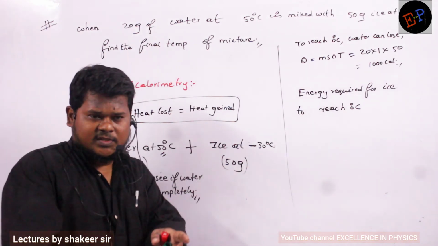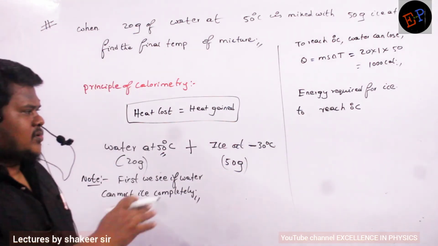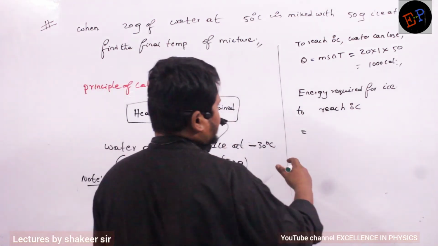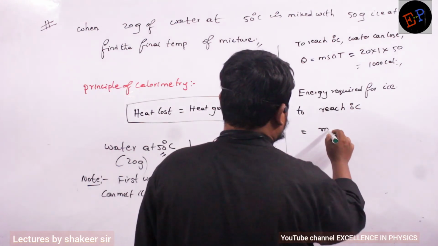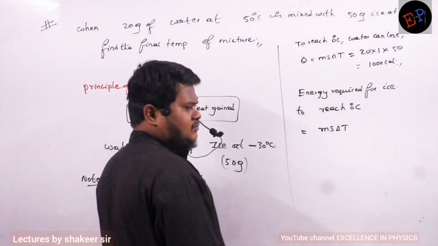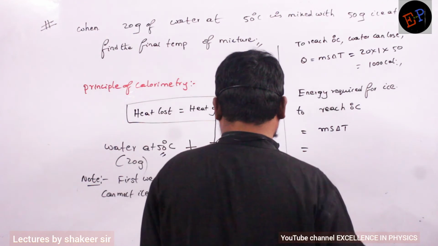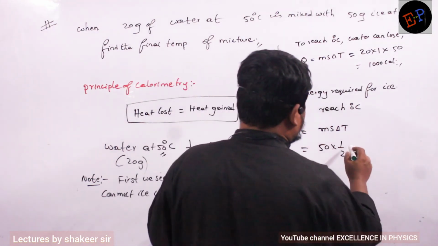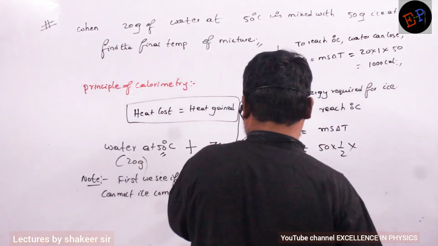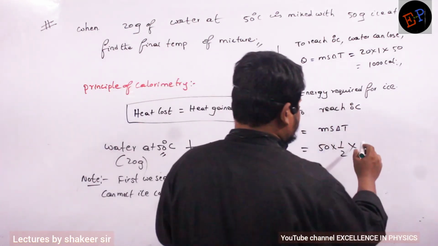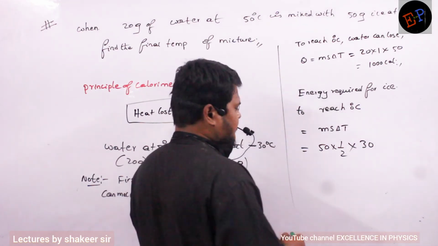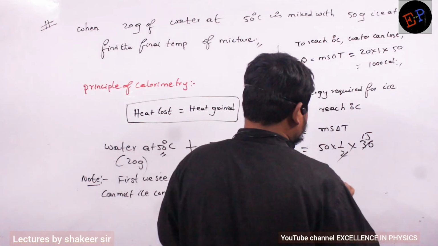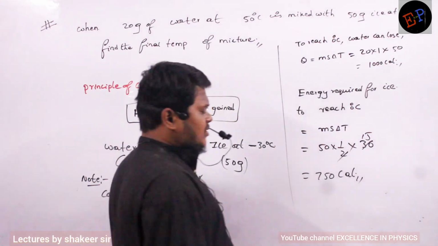To reach 0, let us see how much energy it requires. That is again msΔT only. The mass of ice is 50 grams, the specific heat of ice is 1/2, and the change in temperature, from minus 30 to 0, is 30. So 2 ones are 2, 2 fifteens are 30, 15 fives are 750. So 750 calories of energy it requires.